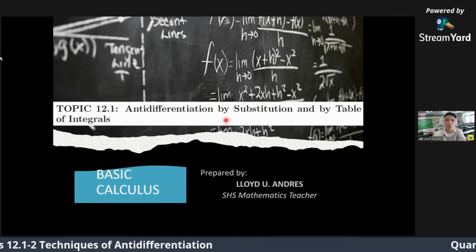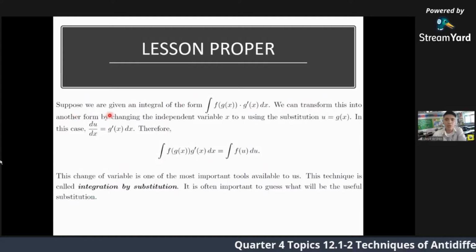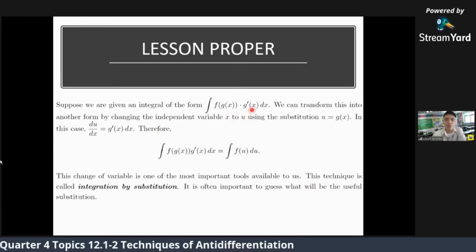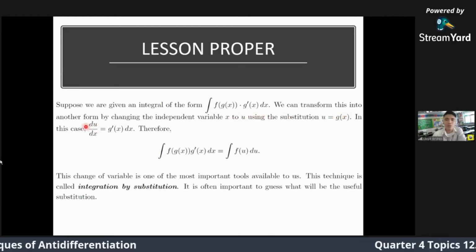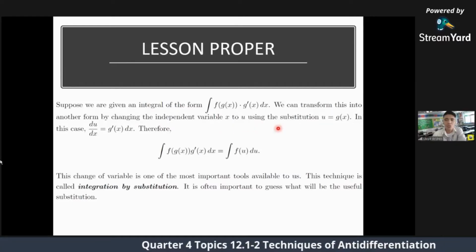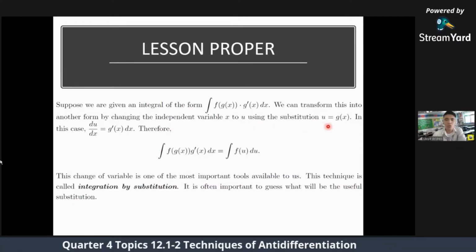Antidifferentiation by substitution. Suppose we are given an integral of the form integral of f of g of x times g prime of x dx. We can transform this into another form by changing the independent variable x to u using the substitution u equals g of x.